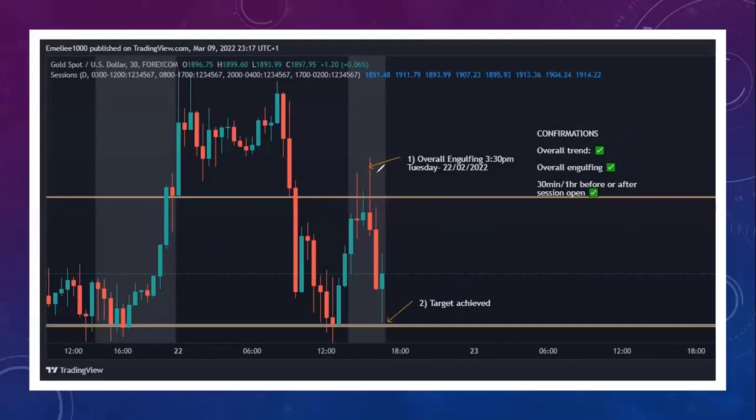Now, this happened about 1 hour 30 minutes after the New York Open. So what are we looking at here? Again, a candle broke the high and broke the low of the previous candle, and this happened about 1 hour 30 minutes after the New York Open.